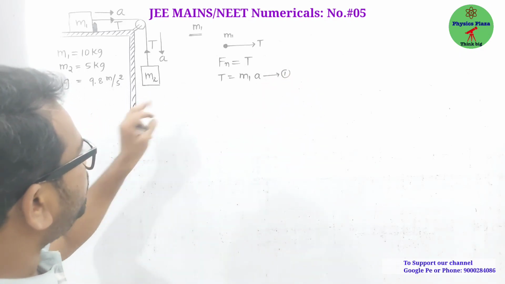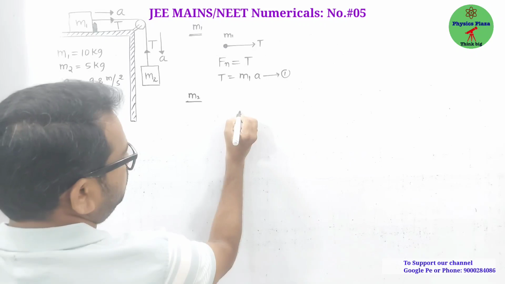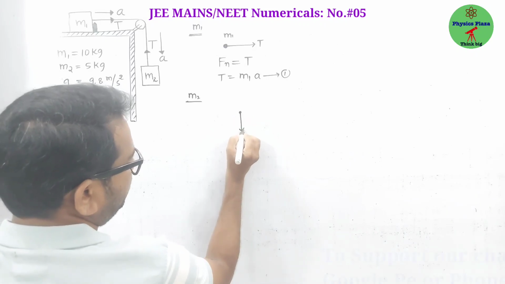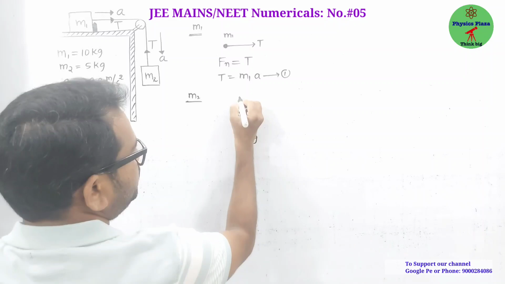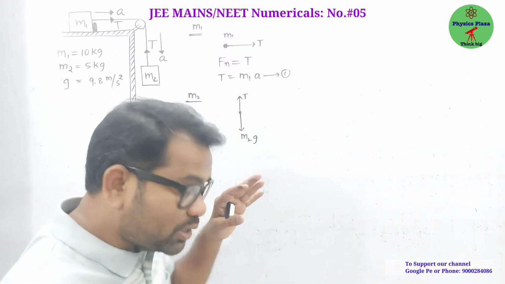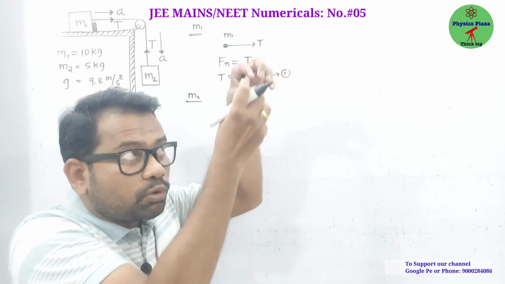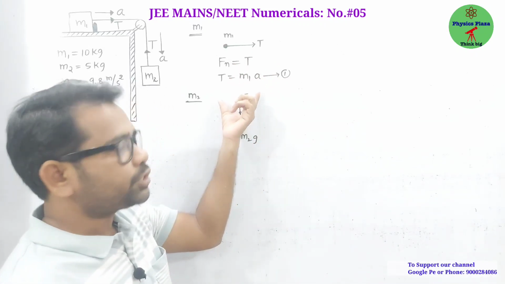Now let us consider body 2, children. For body 2, its weight M2G is acting in the downward direction and tension T will be acting vertically upward. As per the assumption made in the numerical, as the body is moving downward, obviously M2G is greater than the tension.